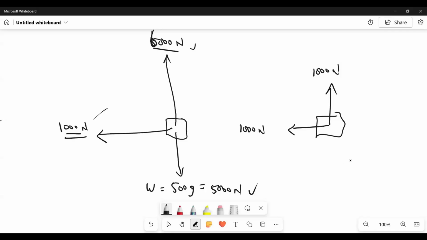So we want to now further simplify. How is this object going to move now? Because it has 1,000 Newtons pulling up, and we have 1,000 Newtons pulling this way. We need to find what we call the resultant, right?